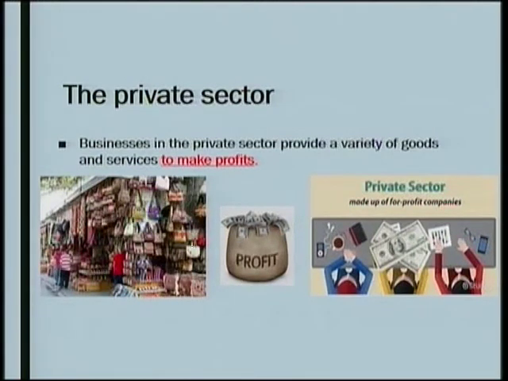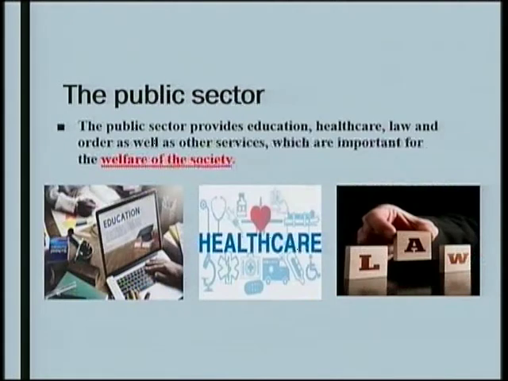The private sector of a mixed economy provides a variety of goods and services to make profits. Whereas in a mixed economy, the public sector provides education, healthcare, law and order, as well as other services which are important for the welfare of the society.